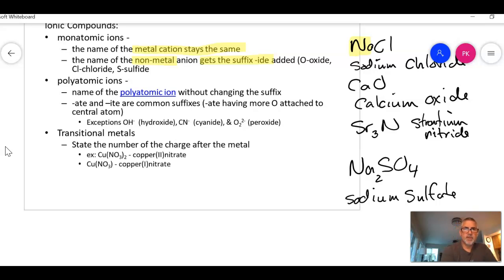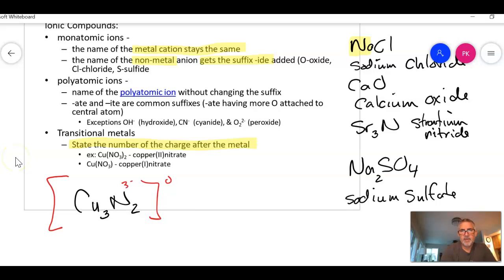Now the transition metals we talked about, you have to state the number of the charge after the metal. So here's where it becomes a little complicated. If I have something like this, then we have to start to look at, remember this is 0.